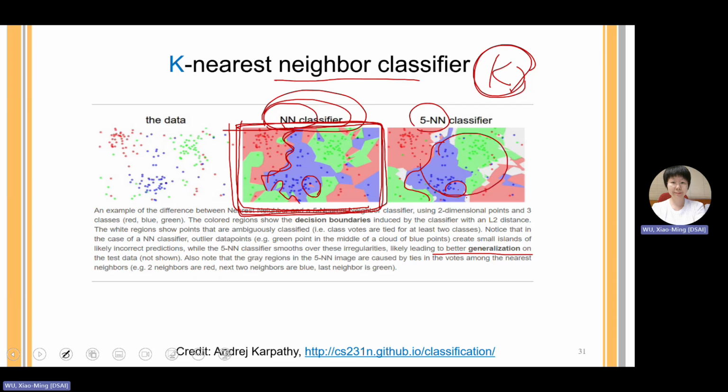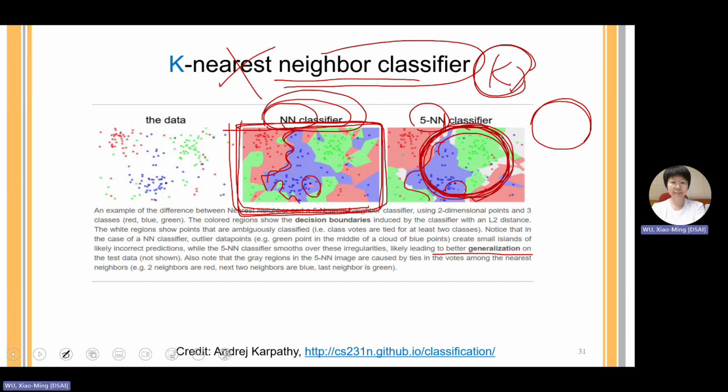If we set k to a very large number, it may take into consideration not nearest neighbors, but far away neighbors. A decision made by taking neighbors that are too far from the test sample is not informative. Because when we apply the nearest neighbor classifier, we want to make decisions on a small local neighborhood. So k shouldn't be too large either.